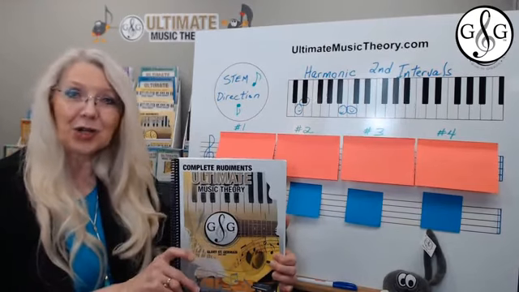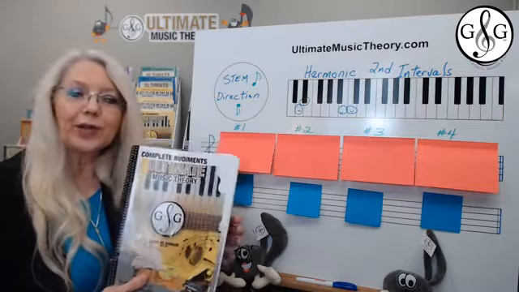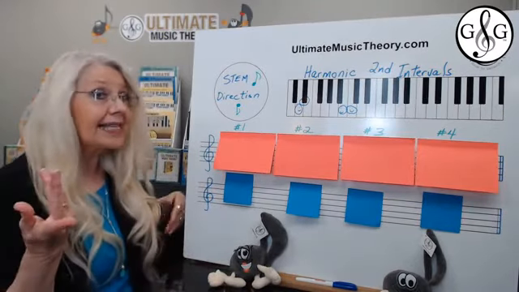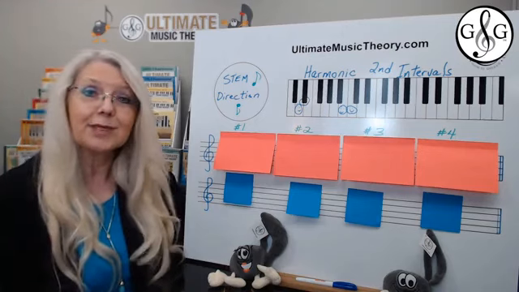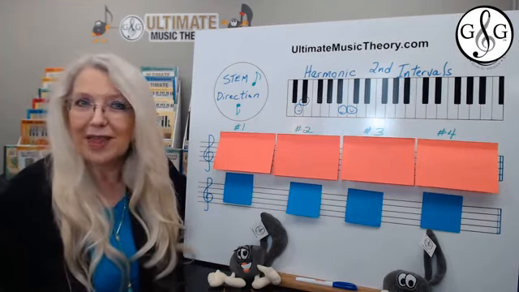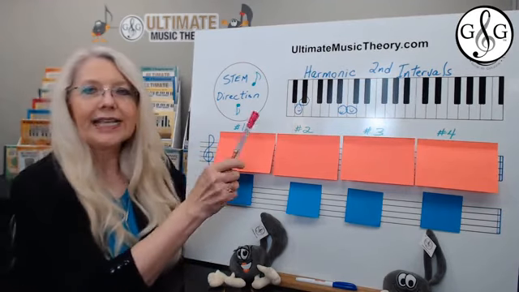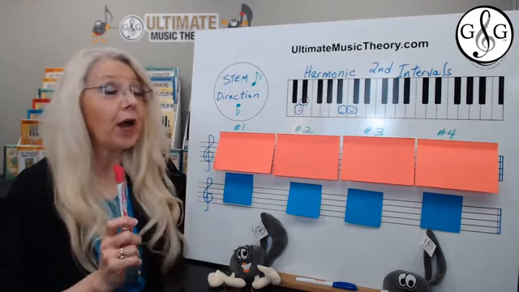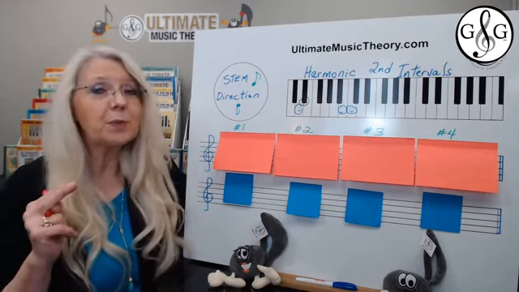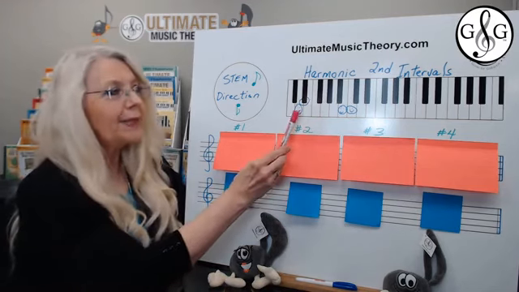So let's get started. Inside the Complete Rudiments workbook, we see that we're learning how to write harmonic intervals of a second. Now, it might sound simple, but oftentimes we see common mistakes. So what might be one of them? Well, the first common mistake when writing harmonic intervals of a second, now remember, a harmonic interval is harmony. 2 notes played together at the same time, and they are right beside each other.